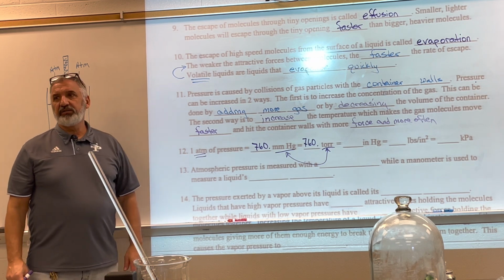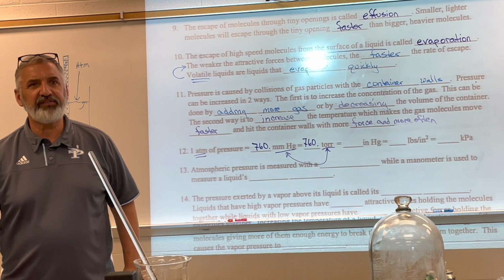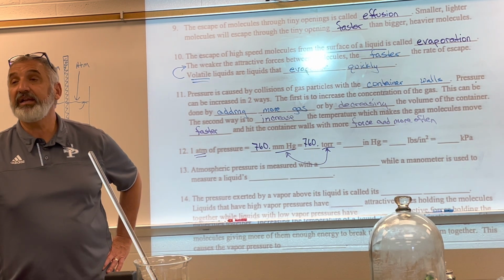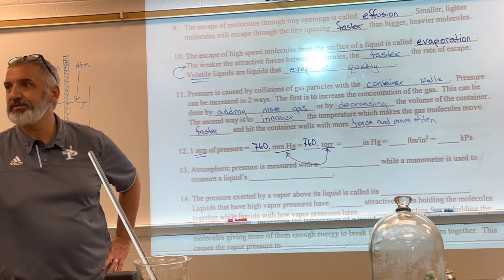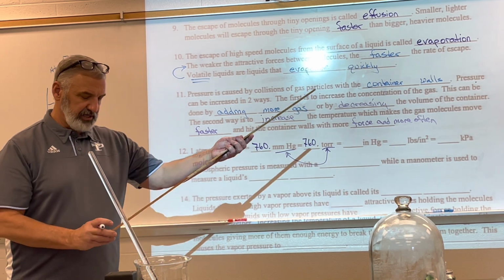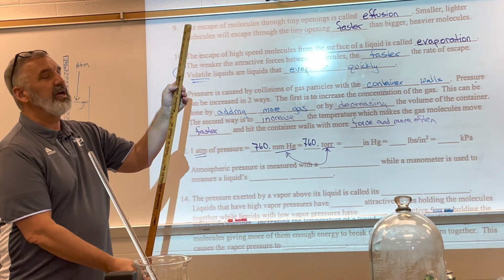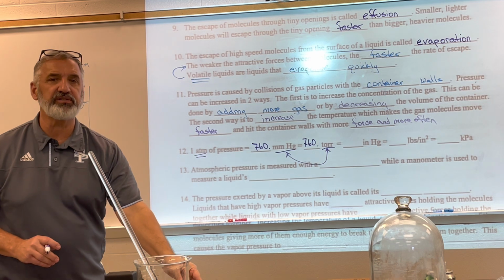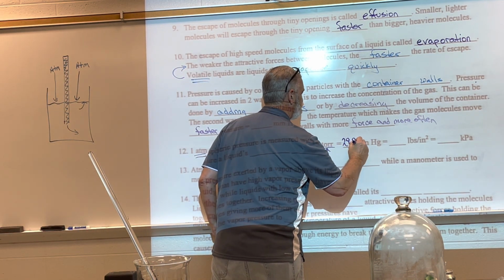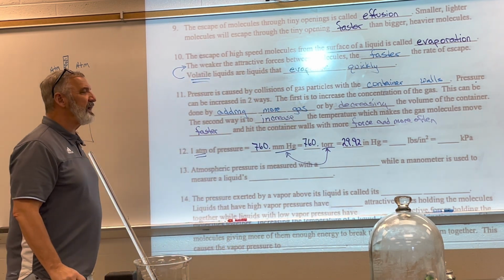Now, we're in America. We can't do anything the rest of the world does, so we have to do ours in the English system, in inches. So 760 millimeters, I turn that over and it's 29.92 inches.